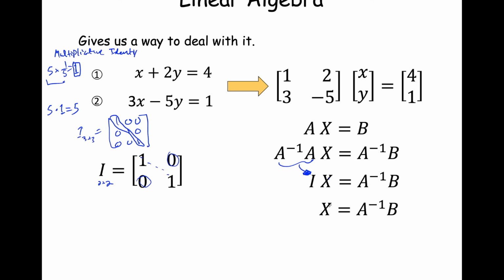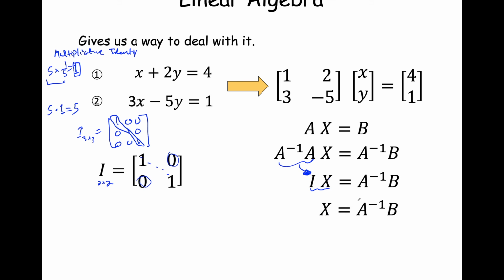It applies also for matrices, even though the definition of identity is this identity matrix. We get X. Identity times X is X. So this gives us our result. The unknown vector, X, is equal to the inverse of our coefficient matrix, A inverse, times B, our constant matrix, our 4, 1 vector.